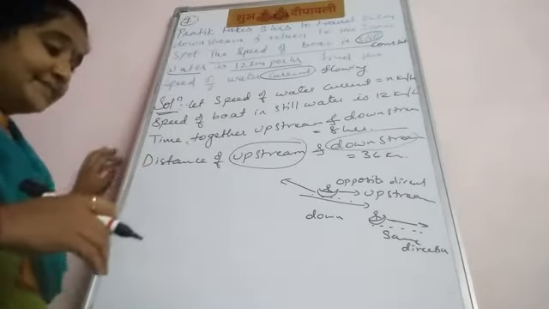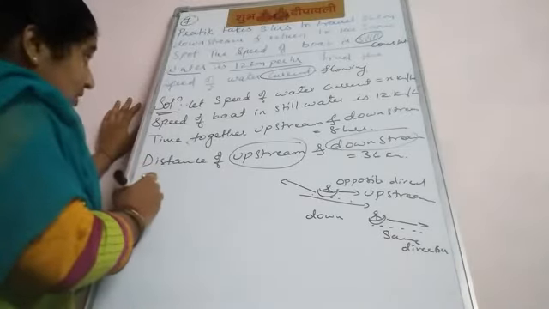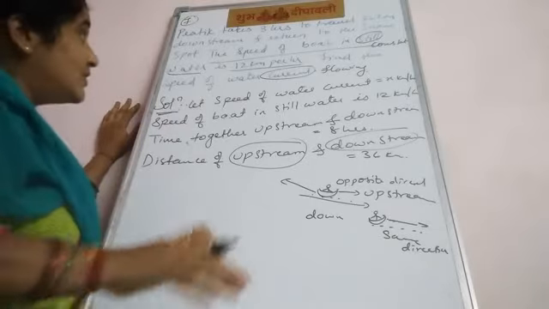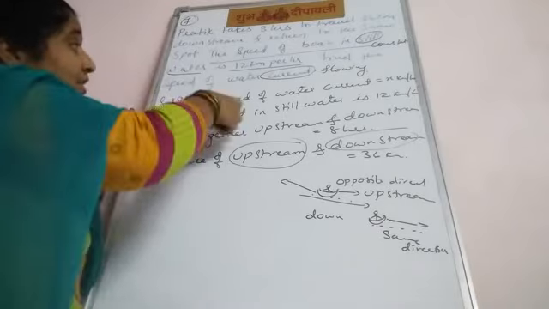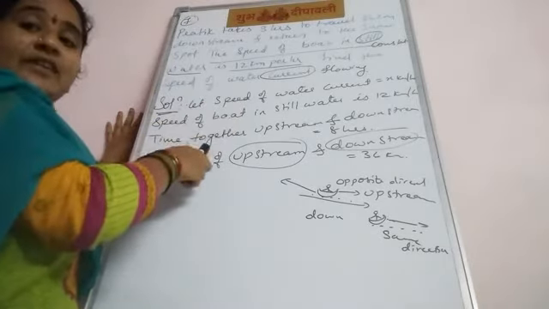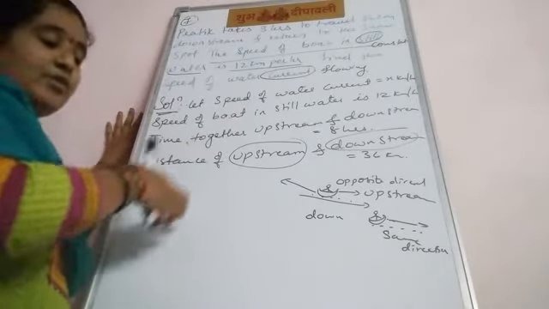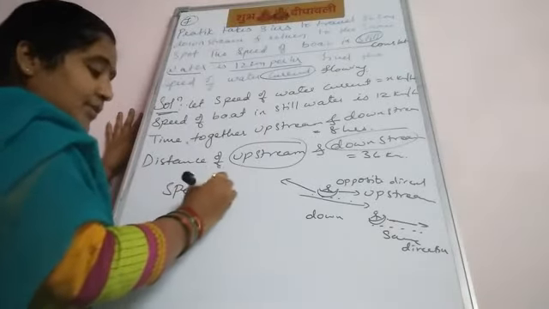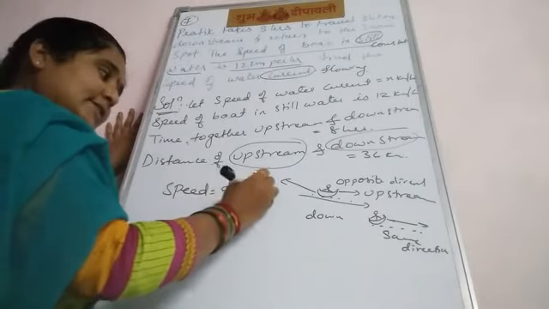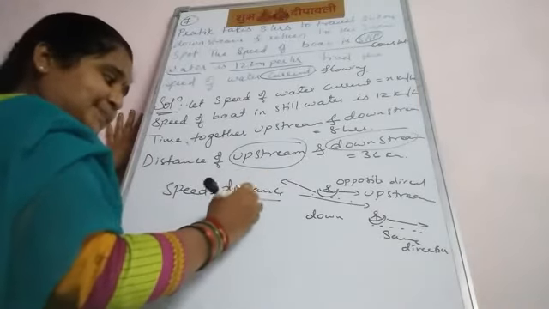Now see here. Now conditions. Here what has he given? Speed given, time given, distance given. We know the formula: speed equals distance upon time.